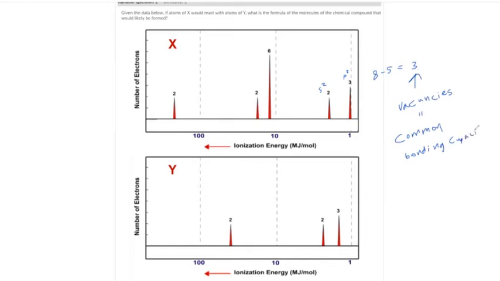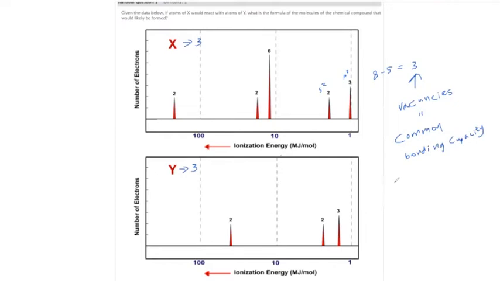Now, once we have the common bonding capacities, we have the common bonding capacity of element X is 3 because we have 3 vacancies, and Y has 5 electrons as well in the valence shell. Therefore, it's going to have 3 vacancies, so the common bonding capacity must be 3. So both X and Y form 3 bonds each.